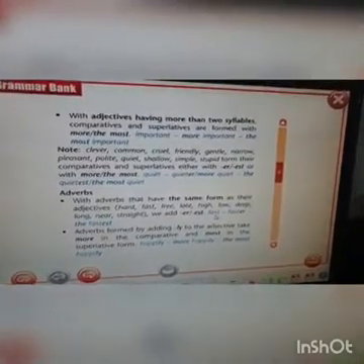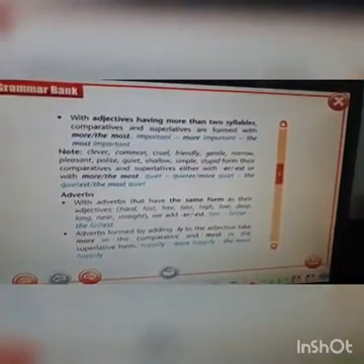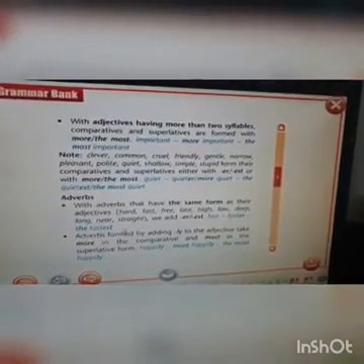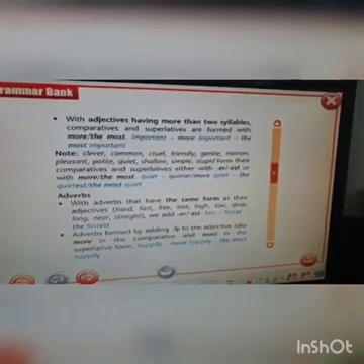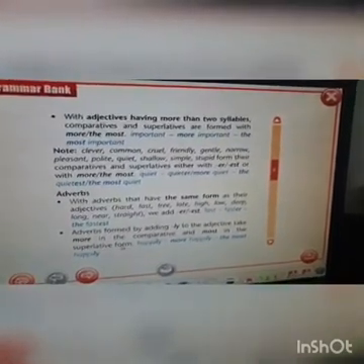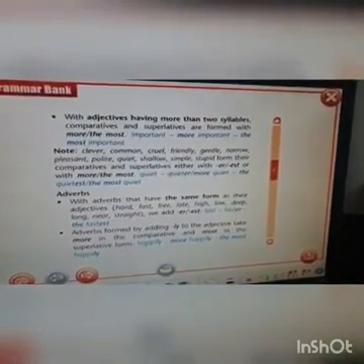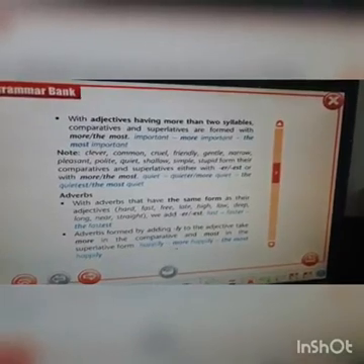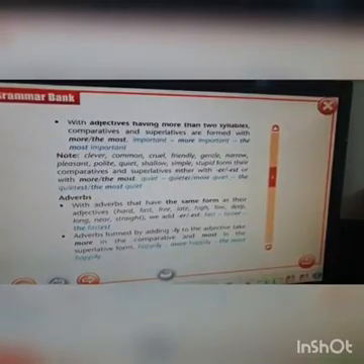We have fast, faster, comparative form, and superlative form, the fastest. Adverbs formed by adding ly to the adjective take more in the comparative and most in the superlative form. We have happily, more happily, comparative form, and the most happily in superlative form.